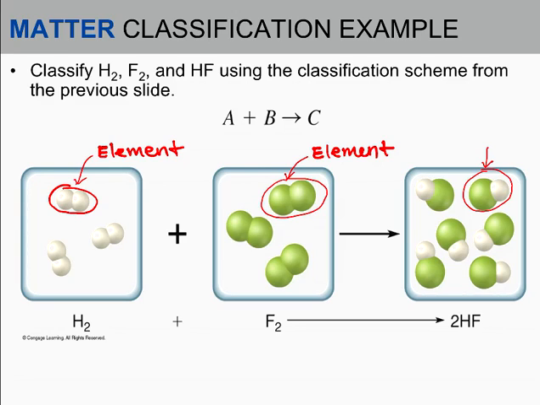And we said earlier that heteroatomic molecules are compounds. So everything is a pure substance, but the two examples on the left are elements, and the example on the right is a compound.